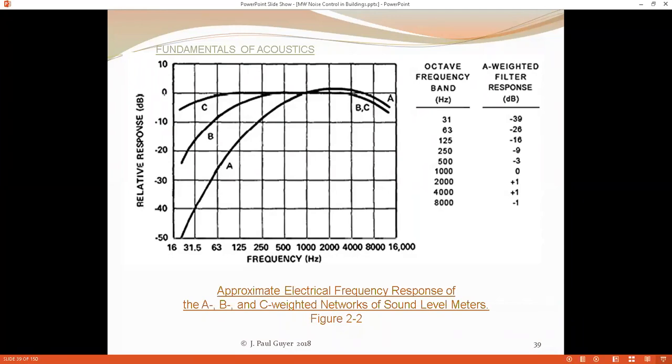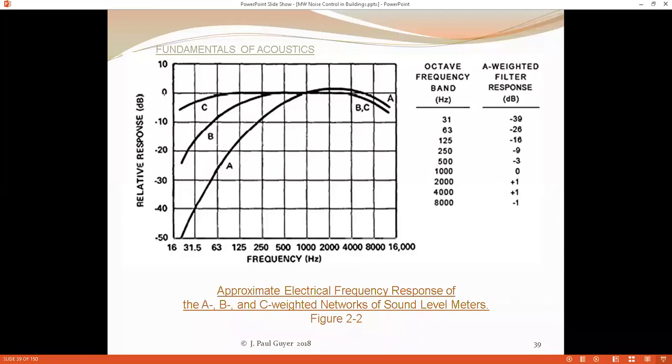On the A curve, if you get down into the lower frequencies, say below 500 hertz, the filter on the A setting filters out or discards a certain percentage of that sound.